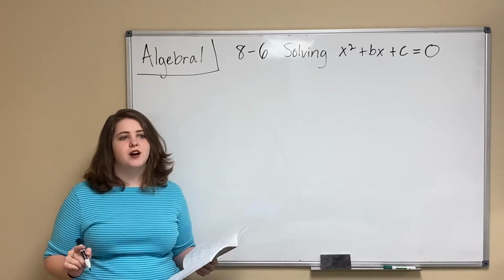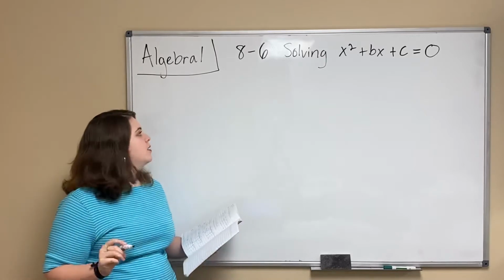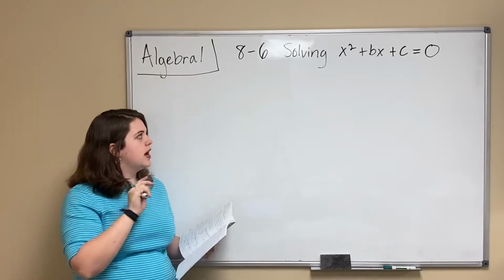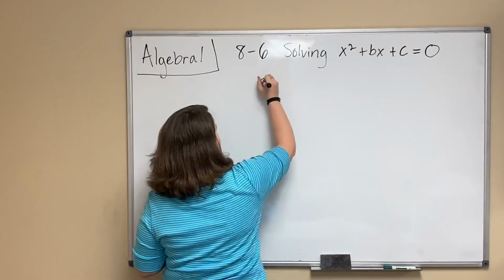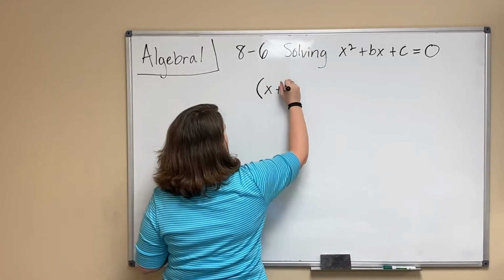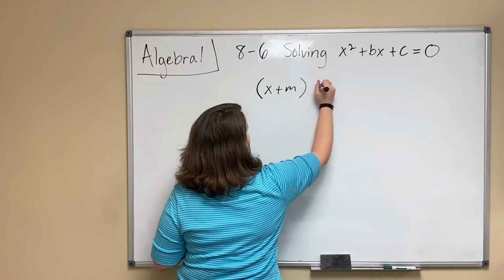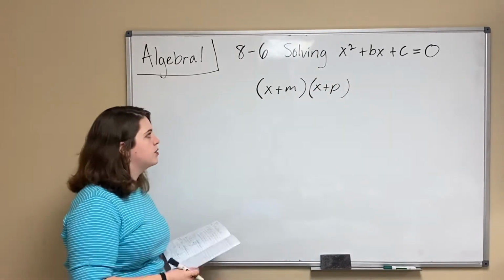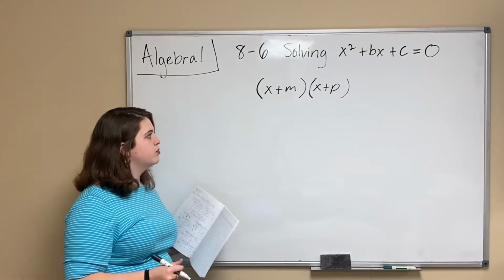Yesterday we talked about how to solve whenever we had it in the form like this, using the zero property, the zero product property.